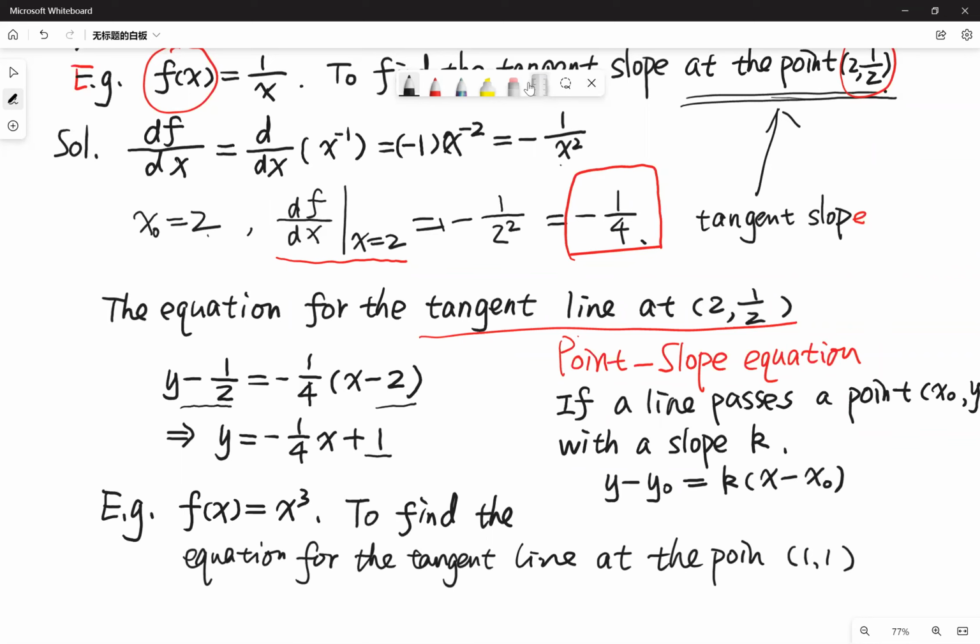Okay, you can do it here. Write it on your paper, and after you finish it, you can send it in our WeChat group. I'll check it. You can refer to the example we introduced here.